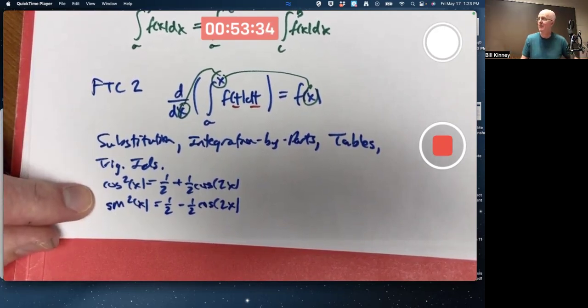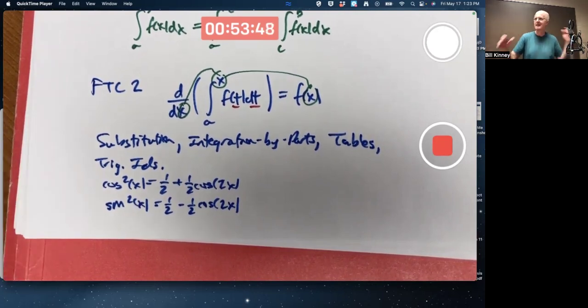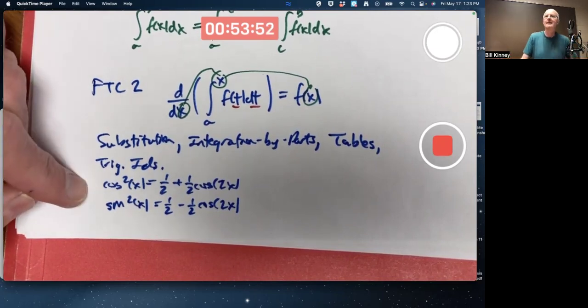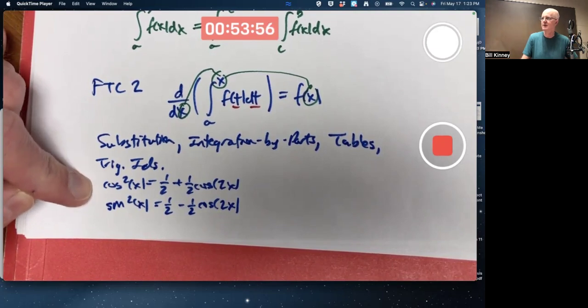We use these a lot when doing double and triple integrals, especially when we use polar coordinates, or its generalization to 3 dimensions called cylindrical coordinates. There's also spherical coordinates. Think about latitude and longitude on a globe. These things are really useful in multivariable calculus for doing integrals there.